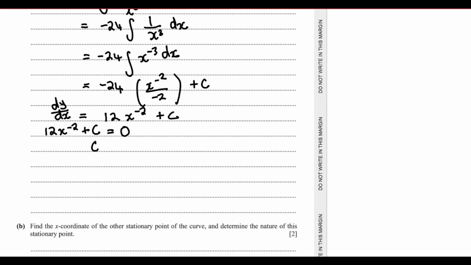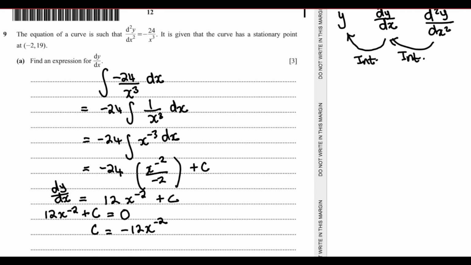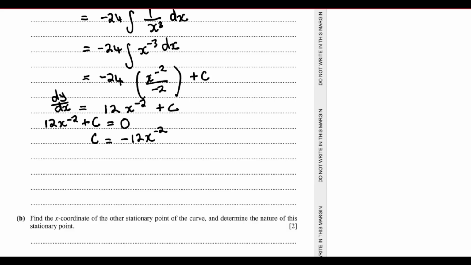So c would end up being -12x to the -2, but we know where the stationary point is. It's at -2, 19. So x equals -2 over there. So I can substitute x is -2. So c will be this.